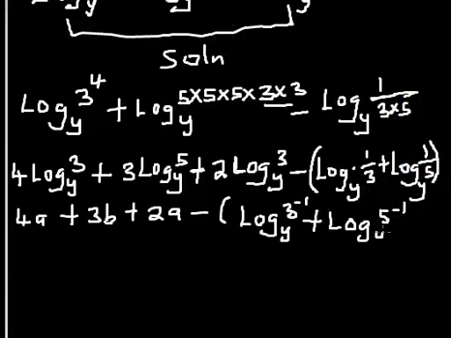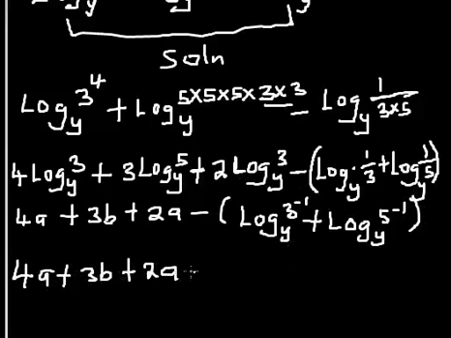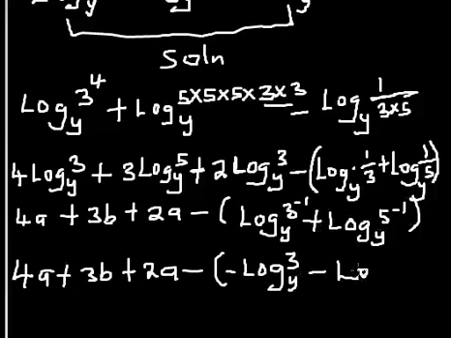If we go by the power law, this is going to be minus 1 at the back, log 3 in base y. Then of course this minus also goes at the back, that's minus 1 again, then log 5 in base y.